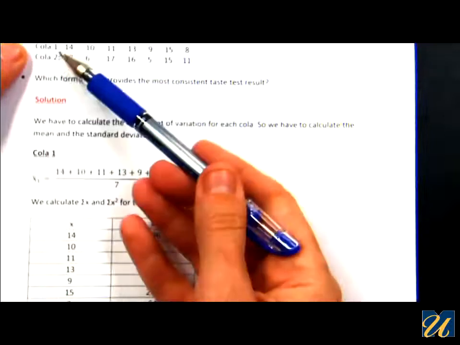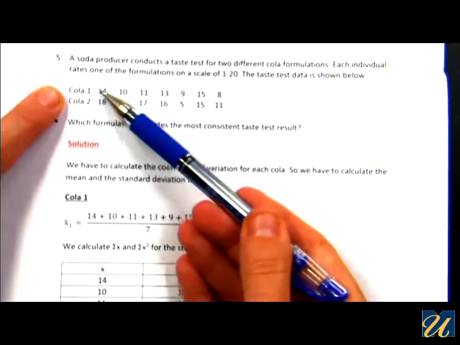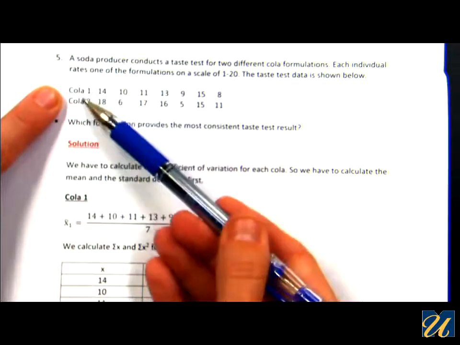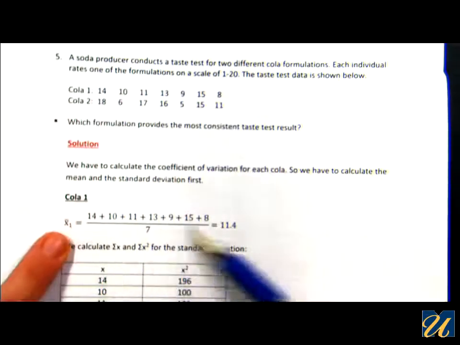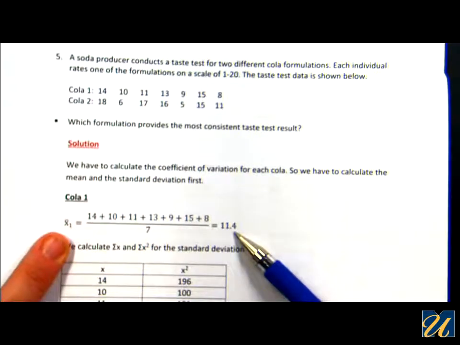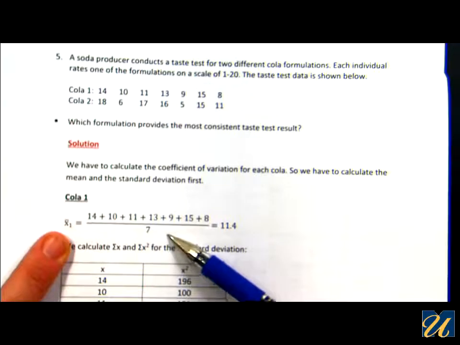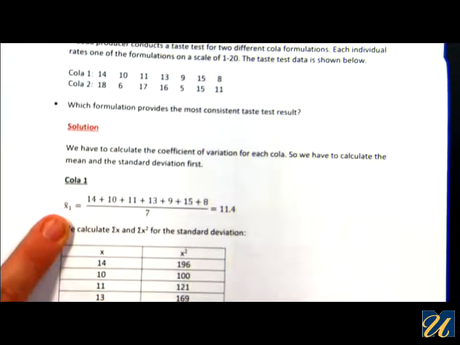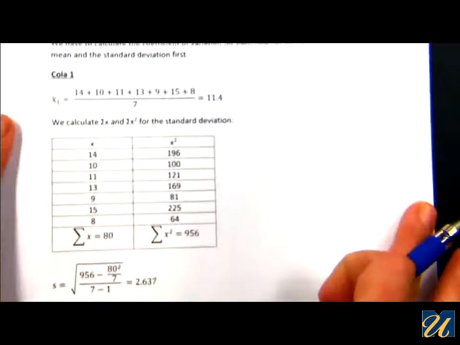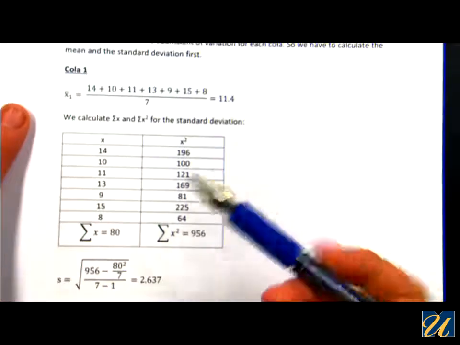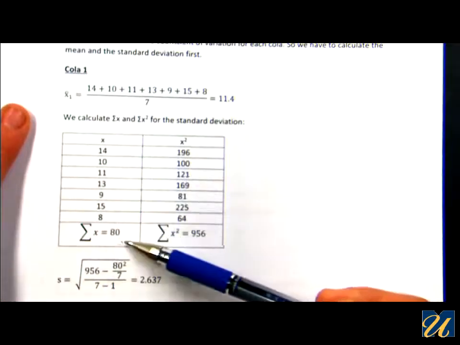So we will have for the first cola, this is our data set. We find the average is 11.4, we add them, we divide by 7, and then we need to find the standard deviation in order to plug it in the coefficient of variation formula. However, in order to find the standard deviation, we first have to find the variance.